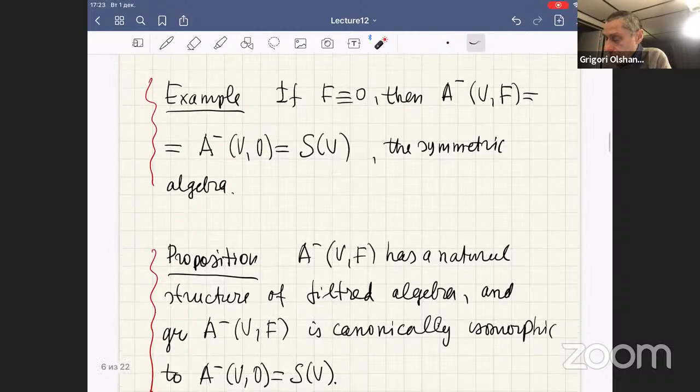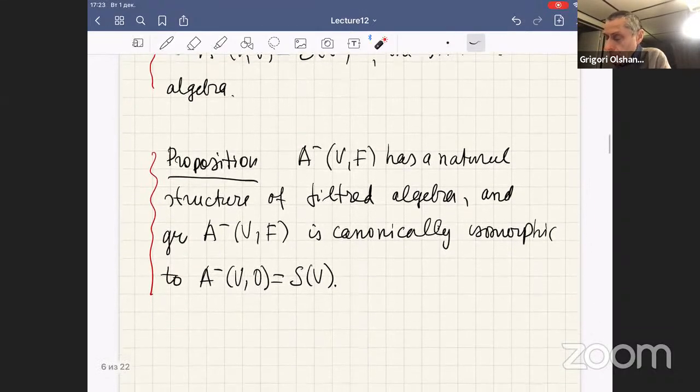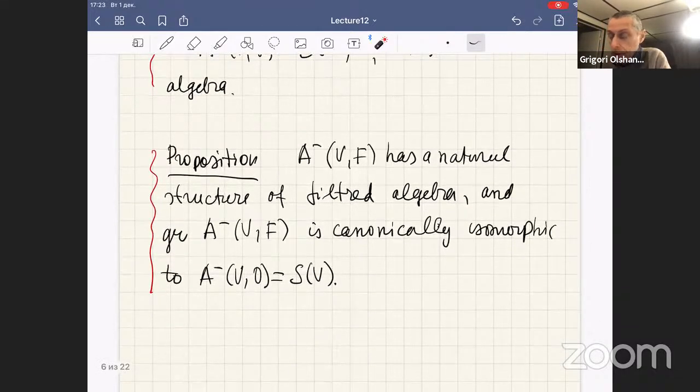But what happens in general? Again, we have a natural filtration, which is defined just as before by looking at monomials and imposing the property that our vectors have degree 1.